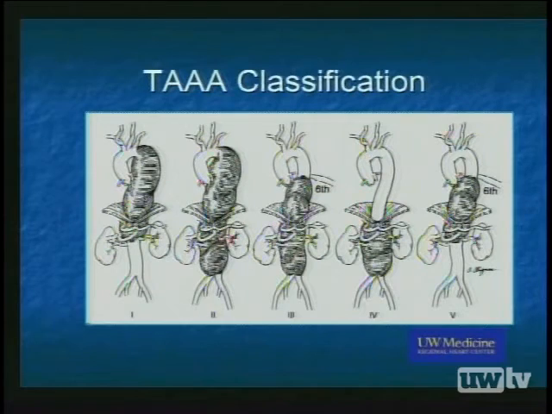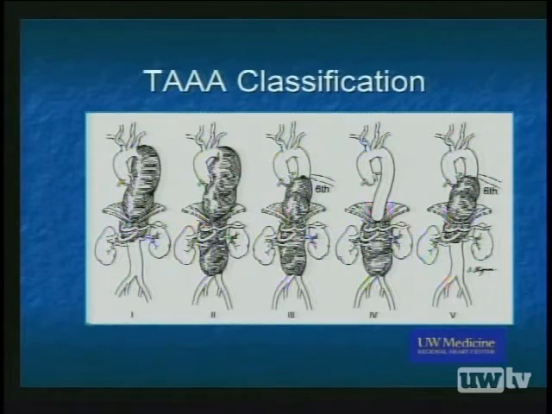Extent 3 starts at about the level of the 6th rib, sparing the proximal descending aorta, but does extend all the way down to the iliac bifurcation. Extent 4 starts at the diaphragm and goes to the iliac arteries. This is essentially a complete abdominal aortic aneurysm, but it typically requires thoracic aortic control for repair, and so it's included in this classification.